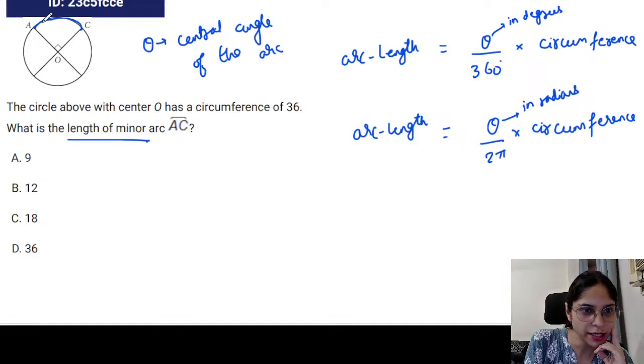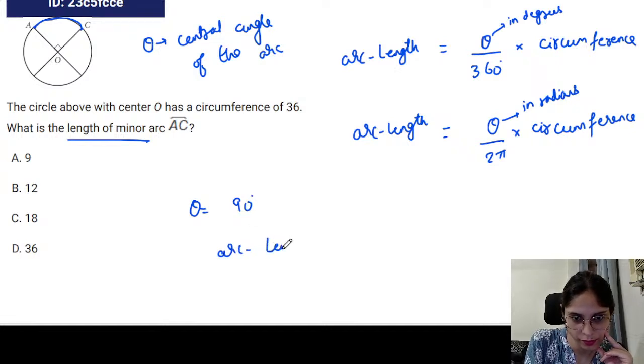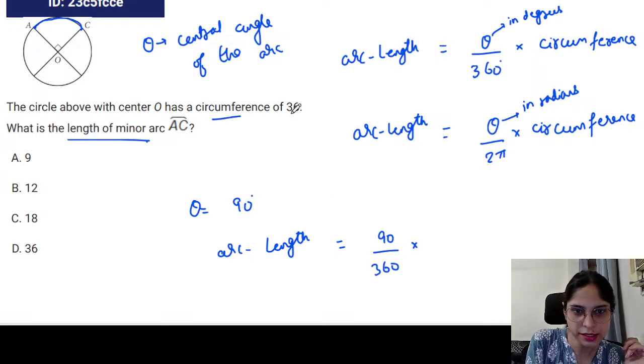Now for this arc AC, theta is 90 degrees. So arc length is going to be 90 over 360, and circumference is directly given as 36, so times 36. Answer is 9.